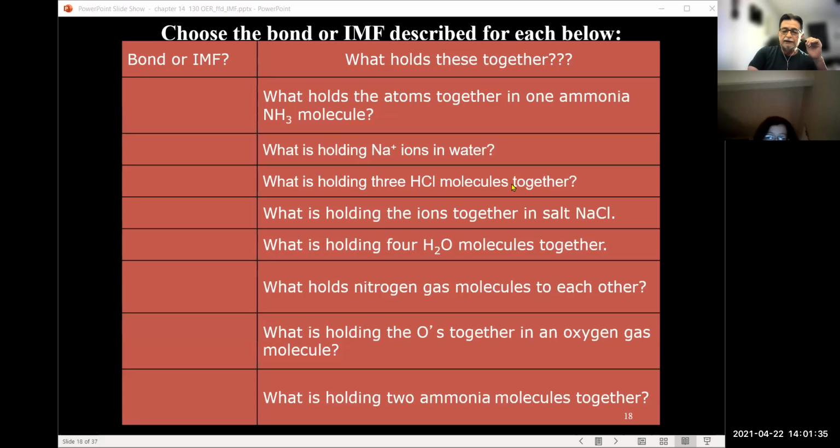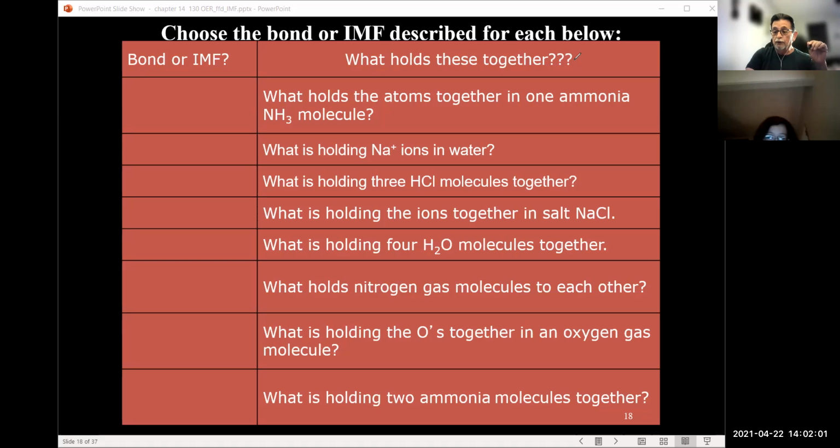All right, so sometimes you're going to have questions like this. They're going to ask you, what holds the atoms together in one ammonia molecule? Now, it's crucial that you read the question carefully, okay? Because that's going to tell you whether you're dealing with inter forces or intra forces.